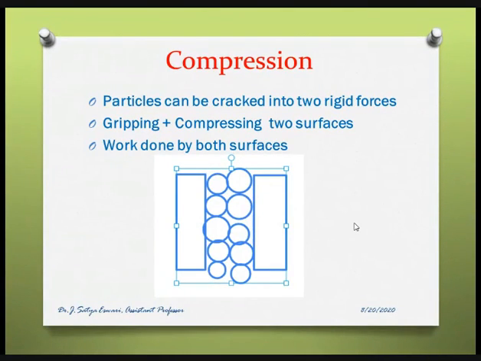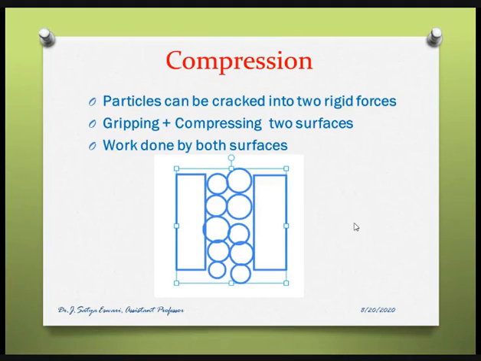When the feed is given, because of these two rigid surfaces, compression or pressure will be created, and when we compress these two rigid surfaces, the particle will be broken and crushed into small particles, but work will be done by both surfaces. This is the basic principle of compression. Compression is the action of being compressed, the reduction in volume causing an increase in pressure of the mixture.